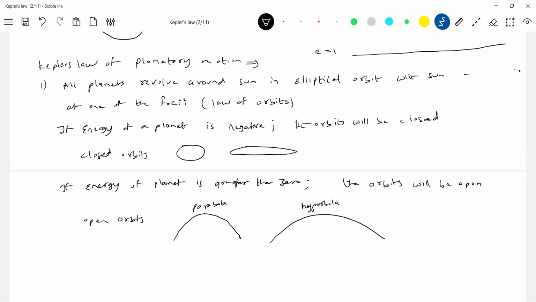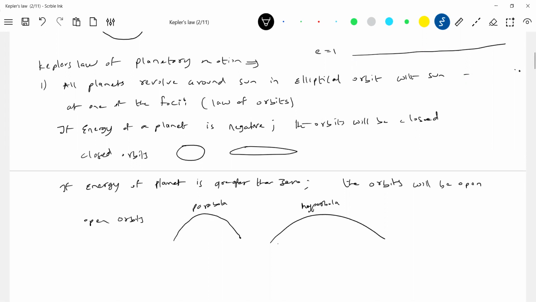You look at some comets: they will not describe periodic motion. If you go and check the energy of that particular comet, it will be greater than 0. Then in that case, the orbits will be parabola or hyperbola. So this is what the first law of orbits is telling.